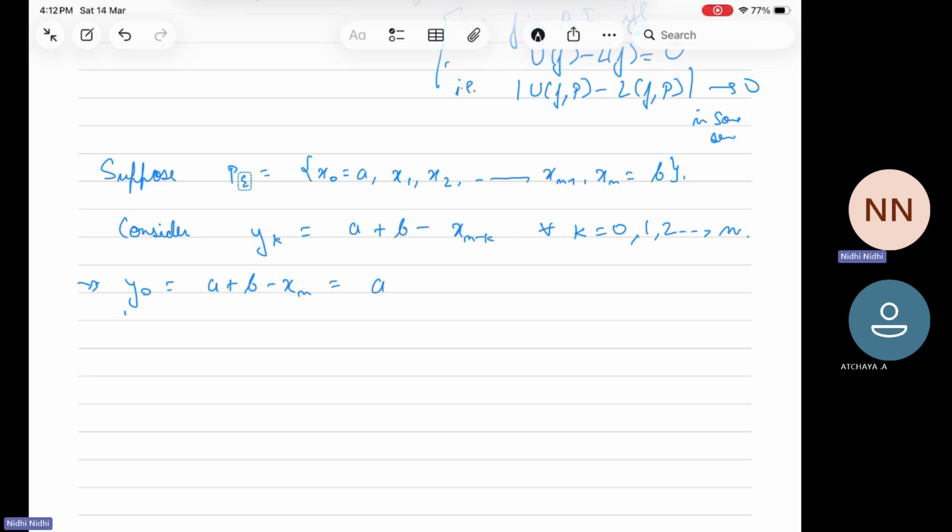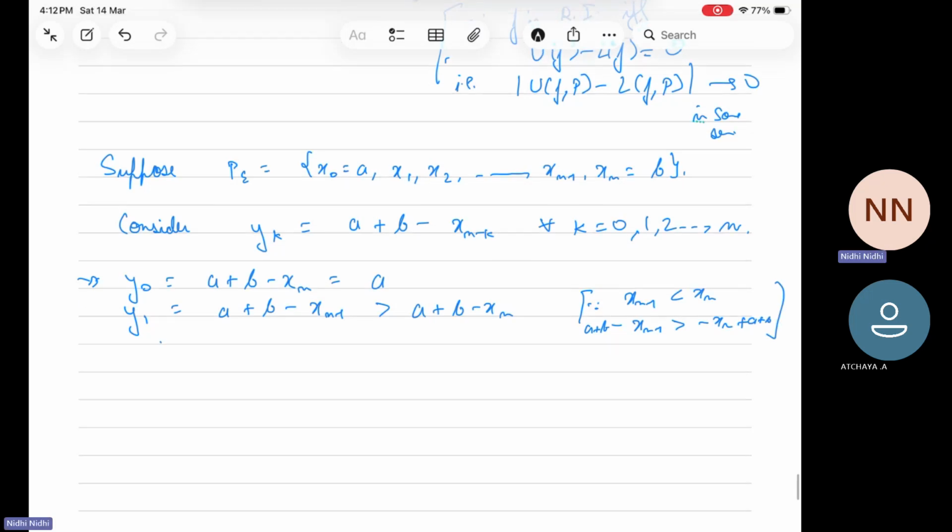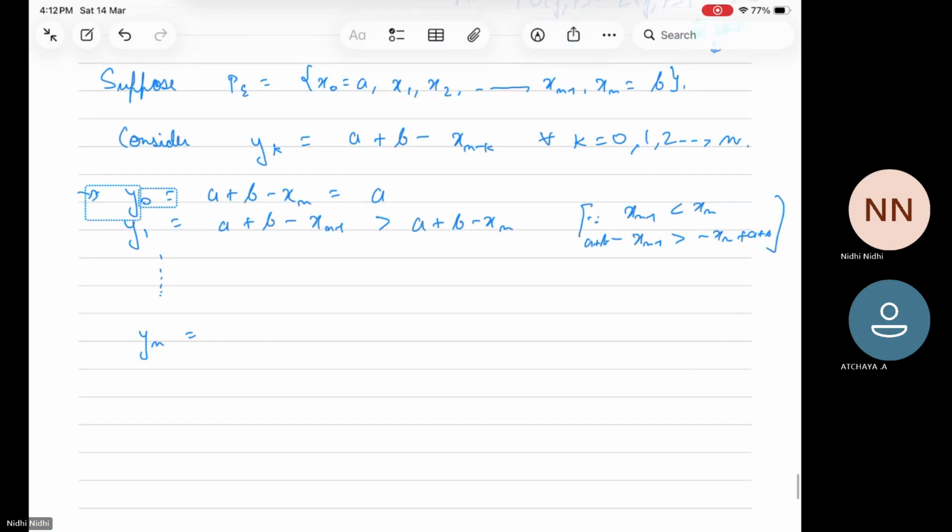So this is a. y1 will be a plus b minus x_{n-1}, which is strictly greater than a plus b minus x_n. Why? Because x_{n-1} is strictly less than x_n. So that gives us minus x_{n-1} is greater than minus x_n, and then just adding a plus b. Moving on in this way, y_n will be a plus b minus x0, and since x0 is equal to a, a will get cancelled out.